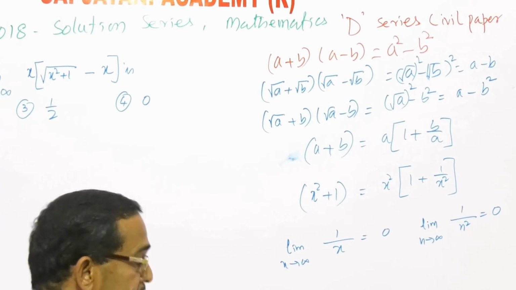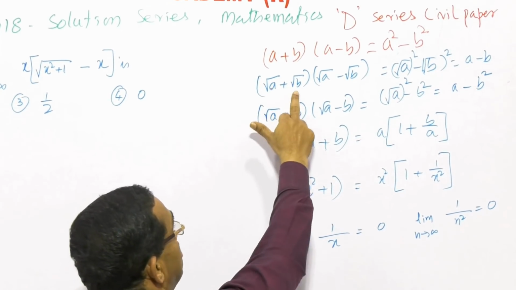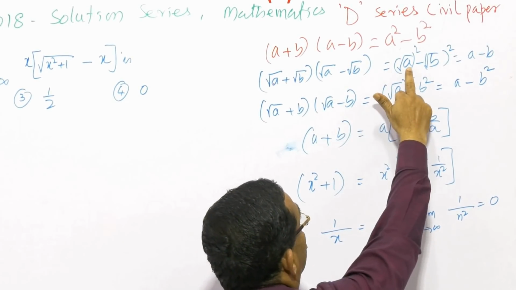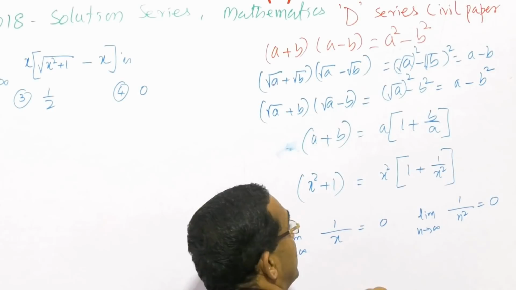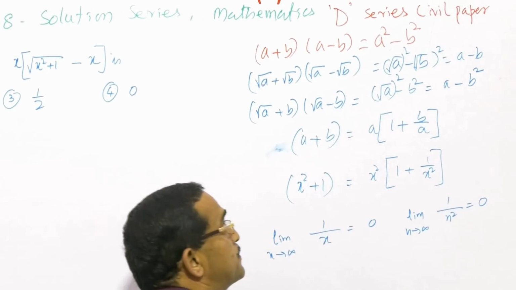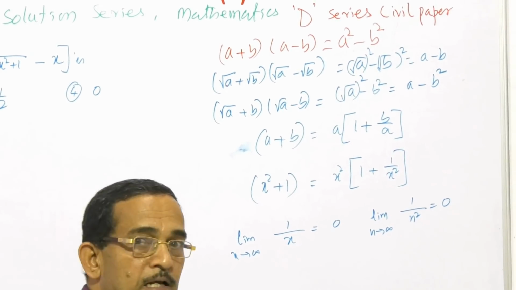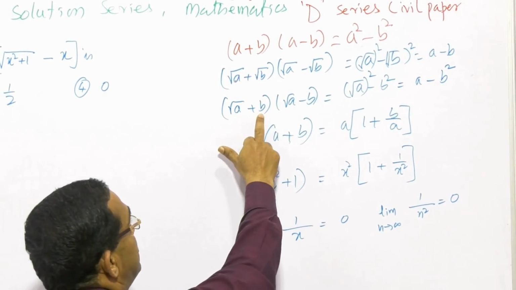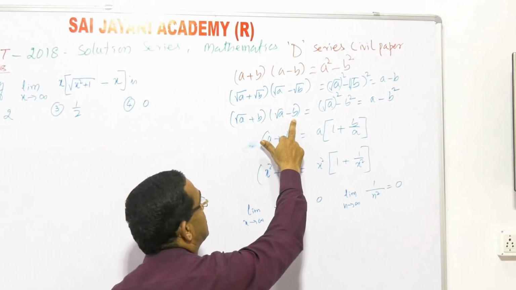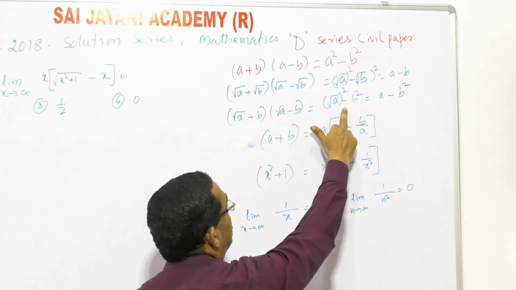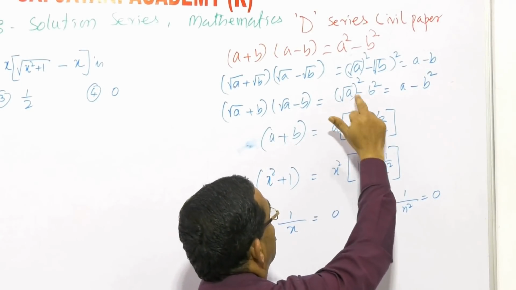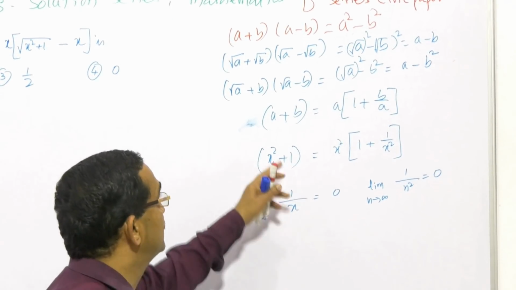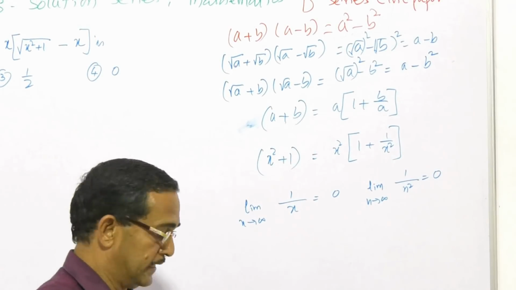Like that, suppose you have root a plus root b into root a minus root b, then we have root a whole squared minus root b whole squared, that is a minus b. Similarly, root a plus b into root a minus b is root a whole squared minus b squared, but root a whole squared is a, so a minus b squared. Why I am telling this? While doing the problem, you will have better understanding.